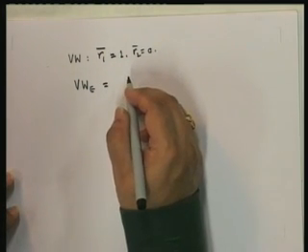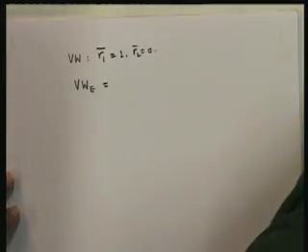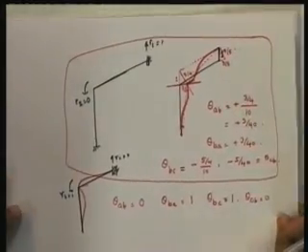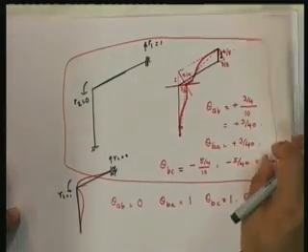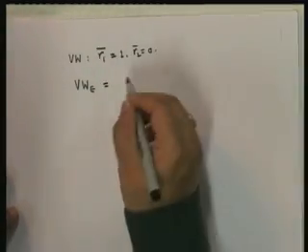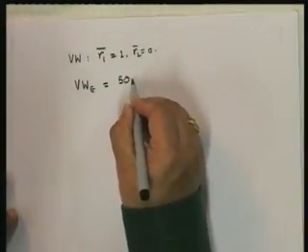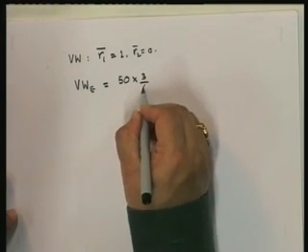Since the load is applied here and it's undergoing 3/4 in the same direction, the external work done is 50 into 3 by 4.